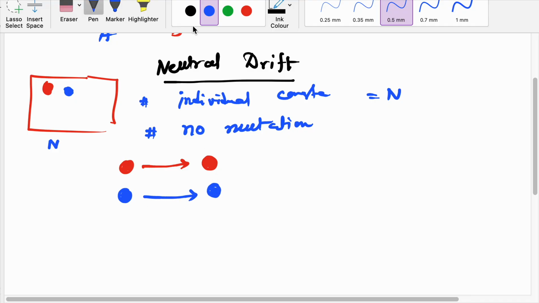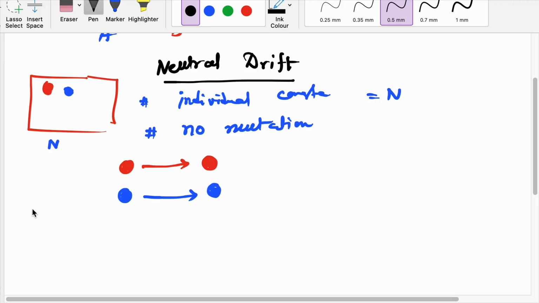Red only produces red with fitness 1, and blue only produces blue with fitness 1.